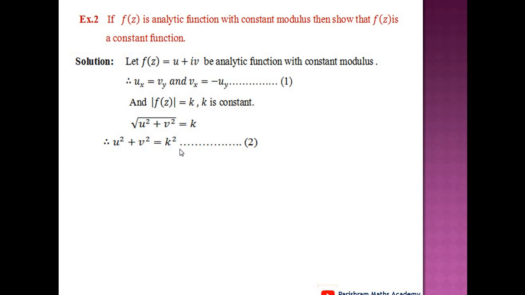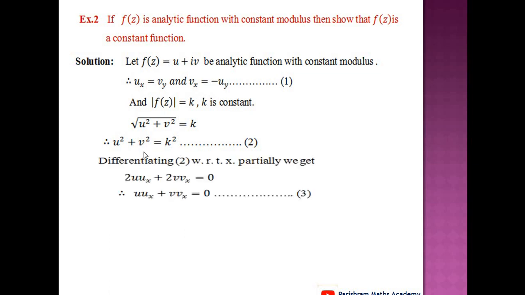Then we differentiate equation 2 with respect to x partially. We get the derivative of u squared is 2u ux, the derivative of v squared is 2v vx, and k squared is a constant, so its derivative is 0. By dividing by 2, we get u ux + v vx = 0.